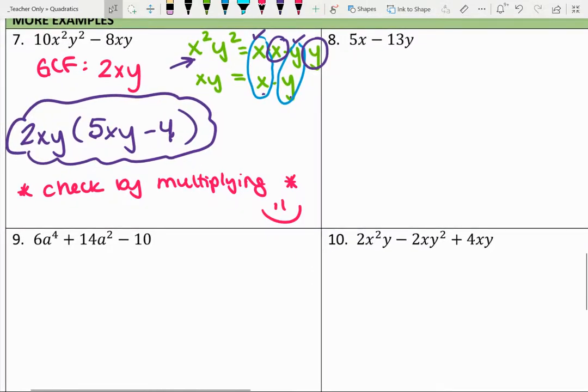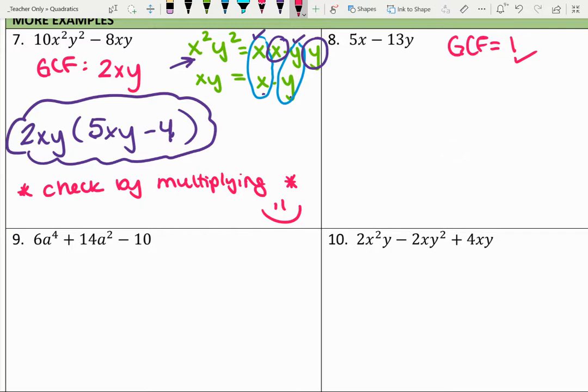So a couple more examples here. Looking at 5x minus 13y, my greatest common factor. So 5 and 13, or 5 and -13, have a greatest common factor of 1. And then x and y, those are not the same variables. So actually, 1 is our greatest common factor.